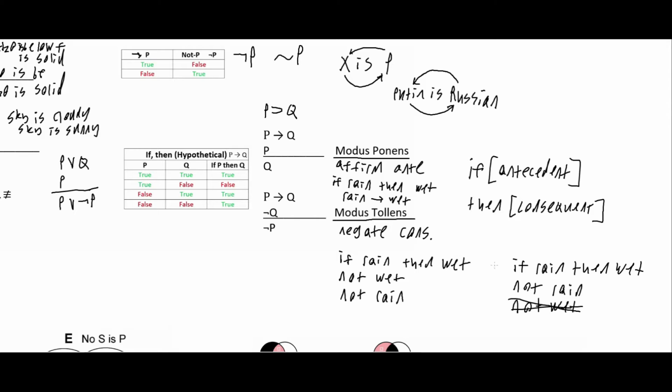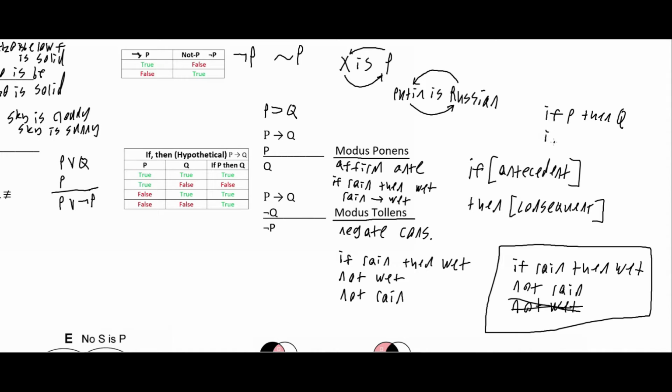And I think this right here is probably a place where a lot of people get tripped up, that they essentially think that if P then Q entails if Q then P, but that is not the case. I guess we could say that if we affirm the consequent, that does not then affirm the antecedent.